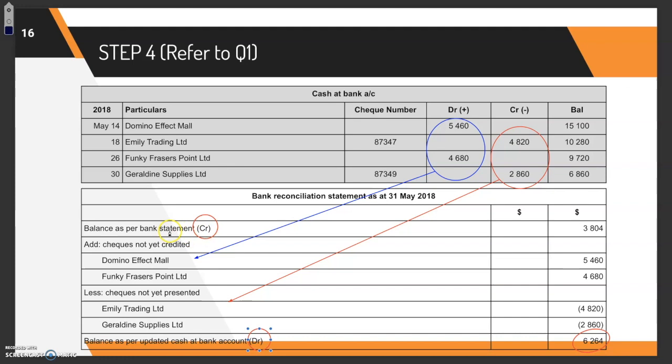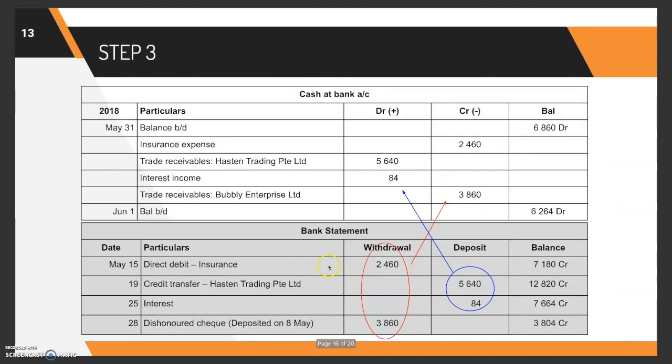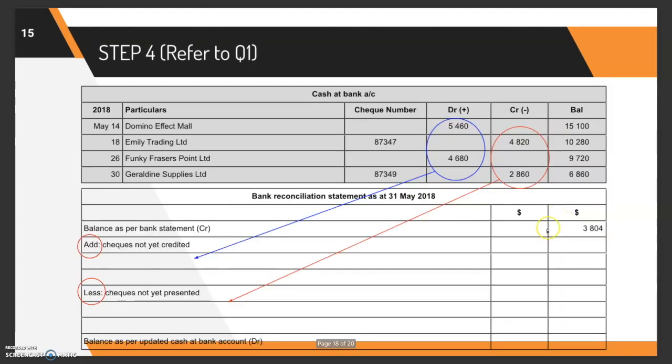Credit balance in a bank statement means there's money in the bank. For the updated cash at bank account, we will see what we have done on the previous page. Let me show you. 6264 debit. So we will be copying this amount into our balance as per updated cash at bank. So that's all for this lesson.